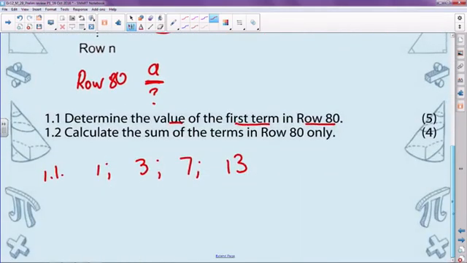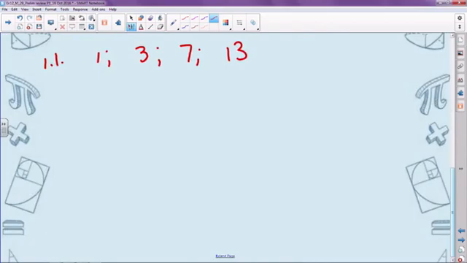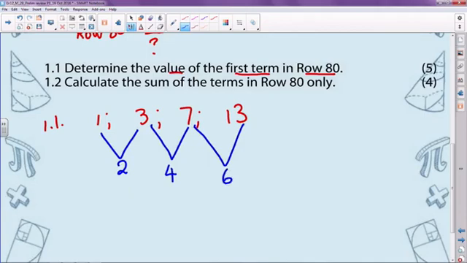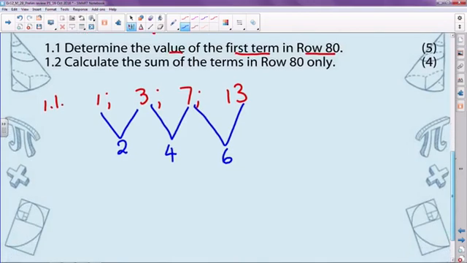Let's see if there's a first difference, a common first difference between the terms, or a common second difference. So to find my first difference, I say term 2 minus term 1, so 3 minus 1 will give me 2. And then I'm going to say 7 minus 3, that will give me 4. And then 13 minus 7 will give me 6. So you can see that there certainly isn't a first common difference.